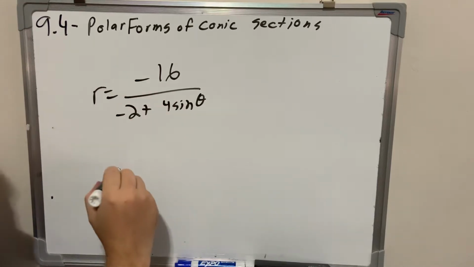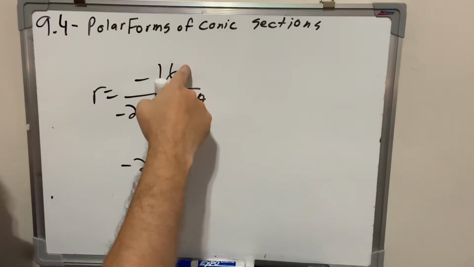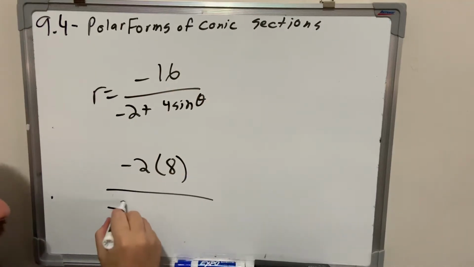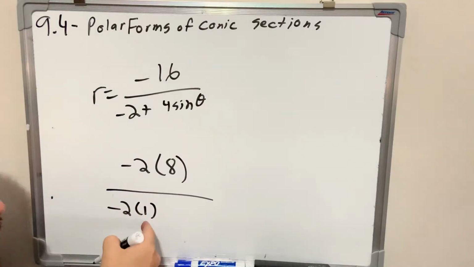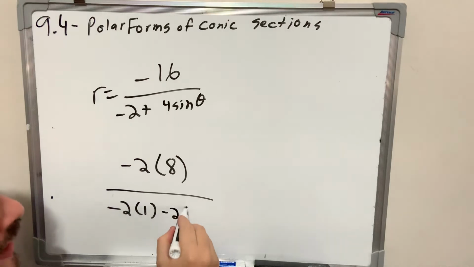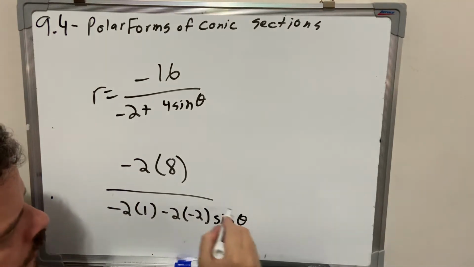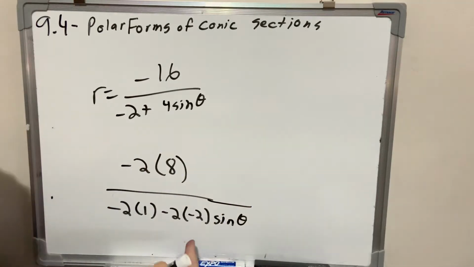Negative 2 times 8 gives me negative 16. Negative 2 times 1 gives me negative 2. And negative 2 times negative 2 gives me 4 sine theta. Yes or no?